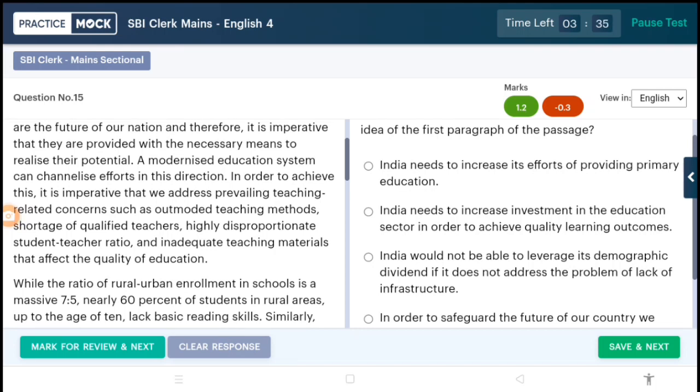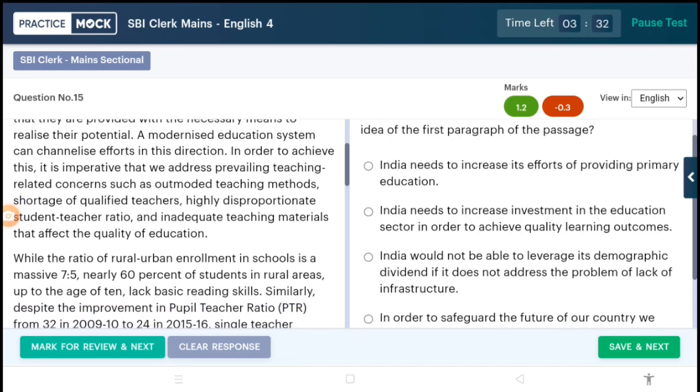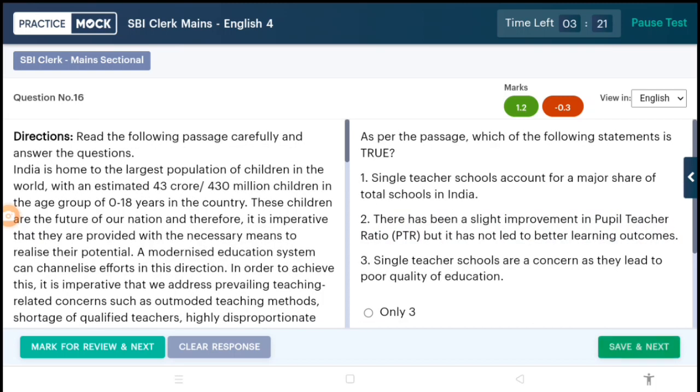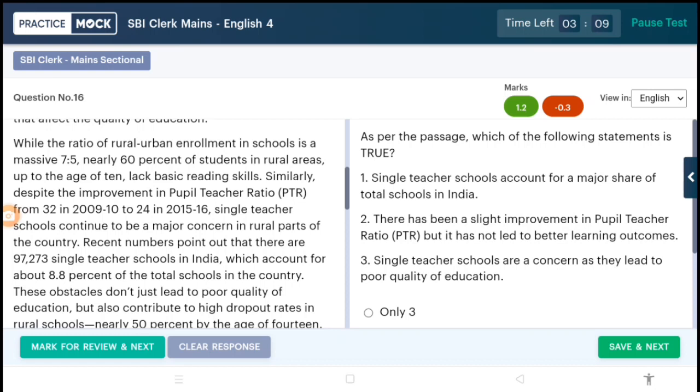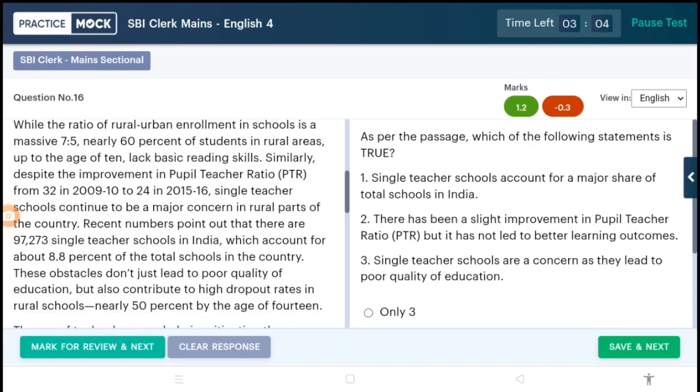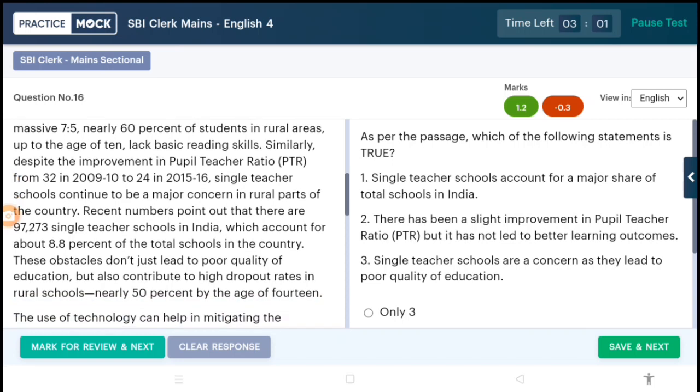They provided with the service. Quality in order to achieve quality of learning outcomes. As per the passage, which of the following statements is true? Single teacher schools account for a major share. Total schools of the country.